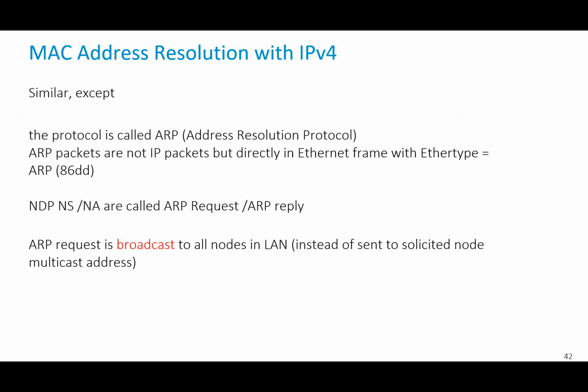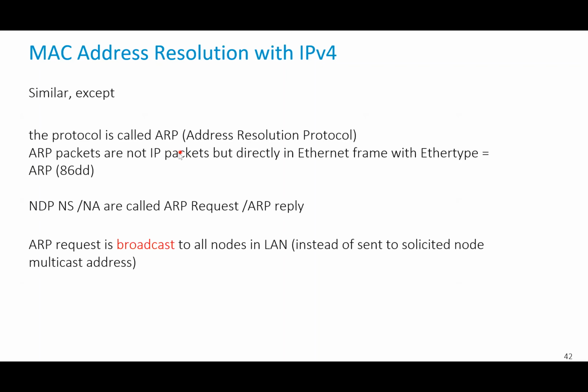AppleTalk didn't exist yet, but there were DECnet, SNA, etc., LAN protocols for what was called DOS, the pre-Windows world. And address resolution was a common problem of all of those network protocols. Therefore, there was a universal address resolution protocol that could work for any protocol, not just for IPv4. This is how the world was in the 70s.